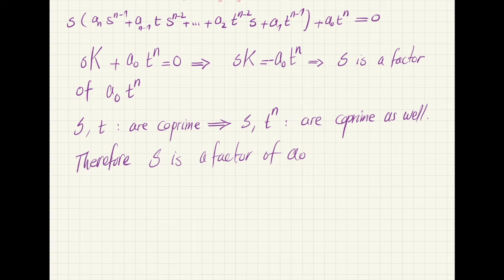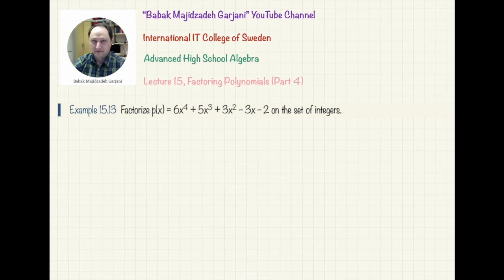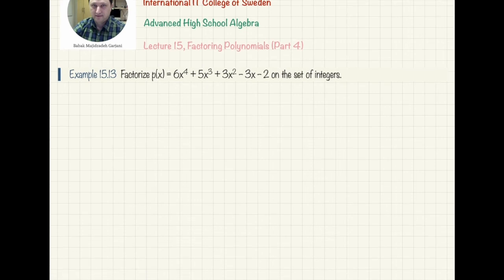Okay. Now let us go to the next problem. Let's see how we can actually solve the next problem. Again, the problem is factorize this polynomial. Yes. So if I want to factorize this polynomial, the first thing that I do, if you remember, is to try to look for an integer solution, integer root for this polynomial. So I would write the factors of -2 first.